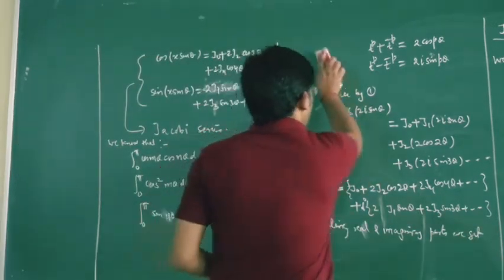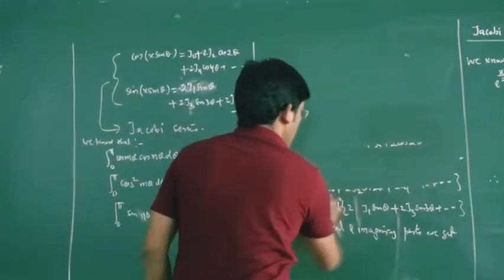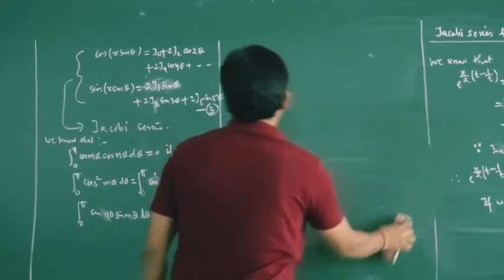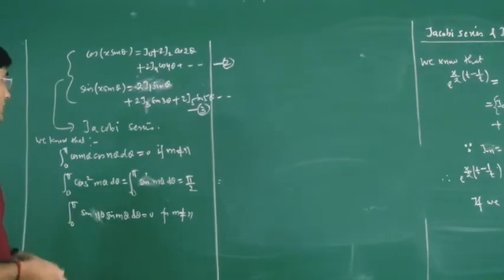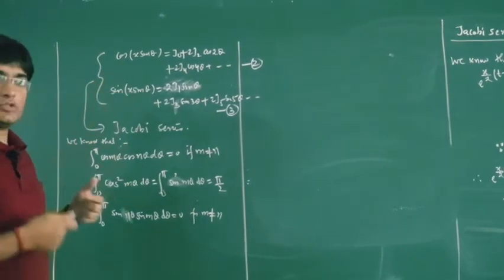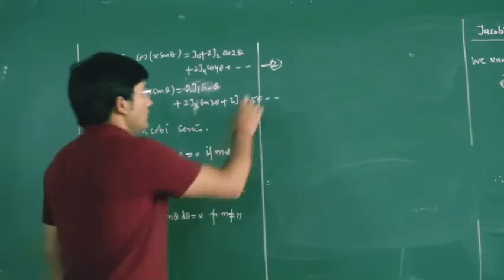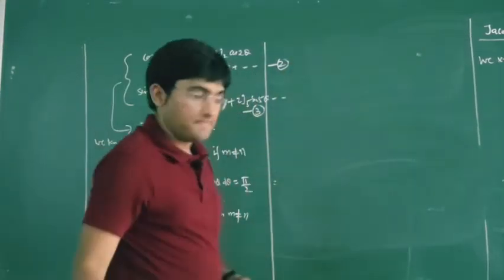Now let us multiply equation number 2 by cos n theta and then integrate with respect to theta from 0 to pi.